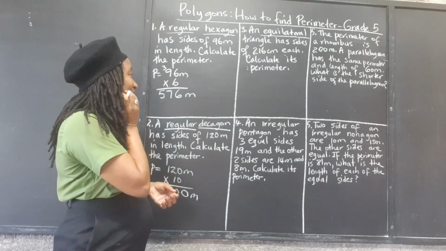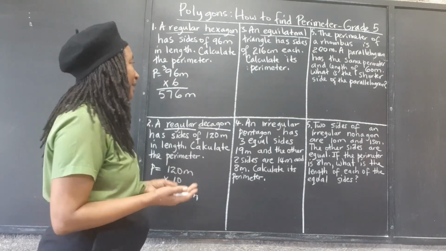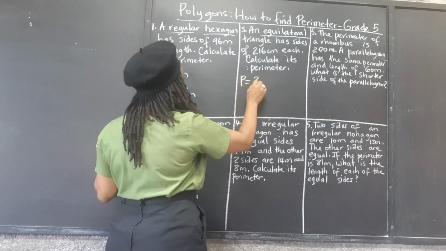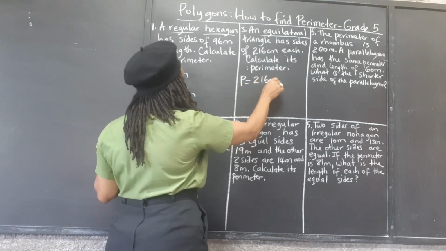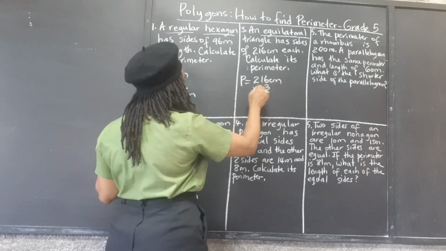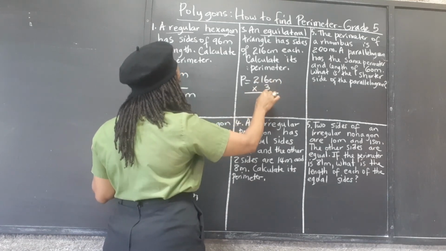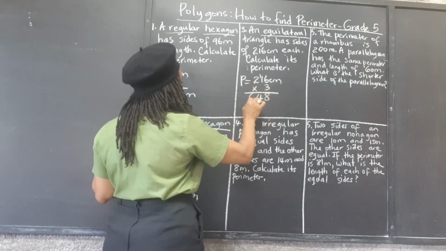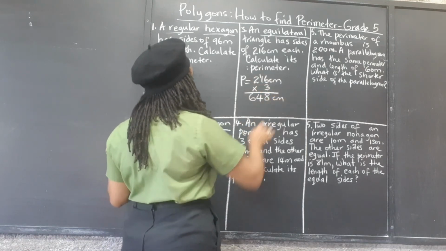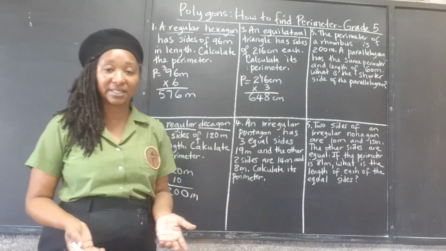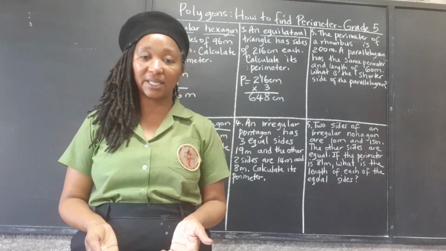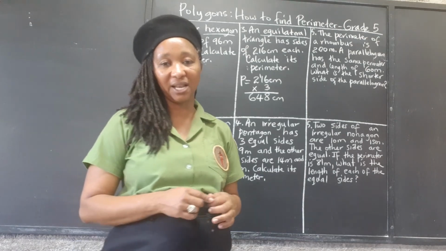So if each side is 216 centimeters and there are 3 equal sides, the perimeter will be 216 centimeters times 3. 3 6s is 18. 3 1s is 3 and 1 is 4. 3 2s is 6.